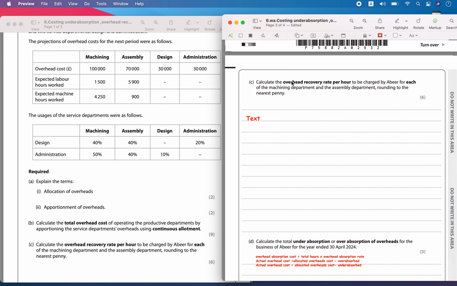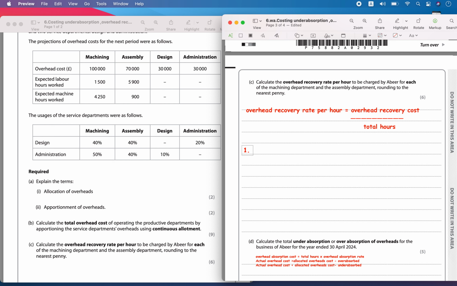The overhead recovery rate is going to be equal to the total overhead recovery cost that we had calculated, divided by the total number of hours that was expected to work.